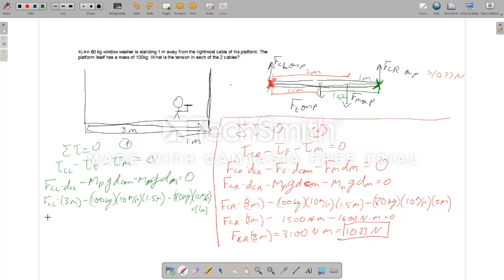Alright, so just solving it out, this is all equal to 0, don't forget.